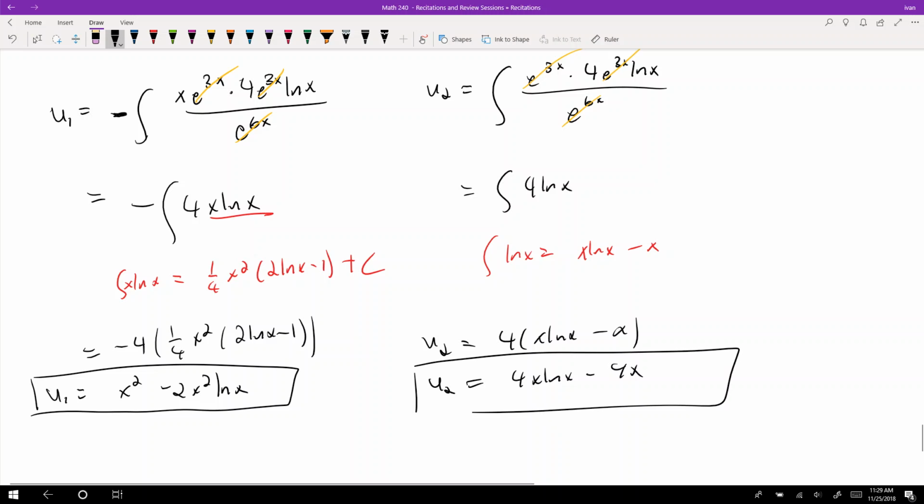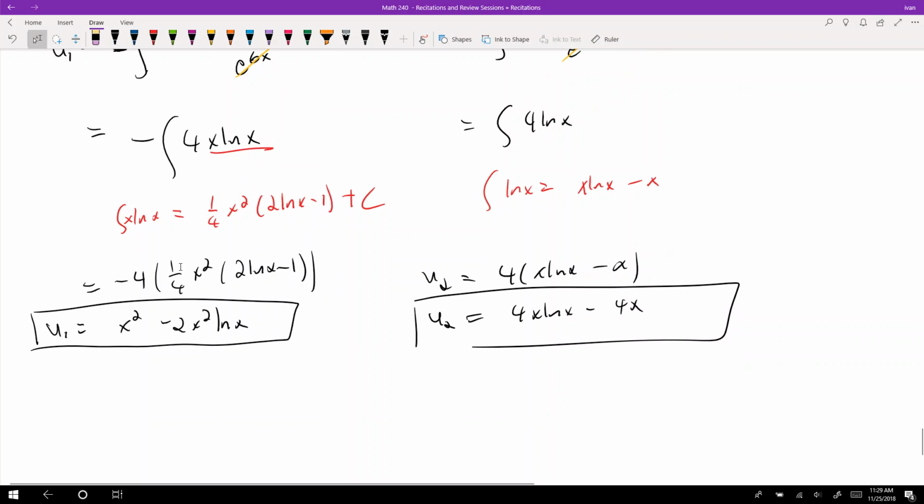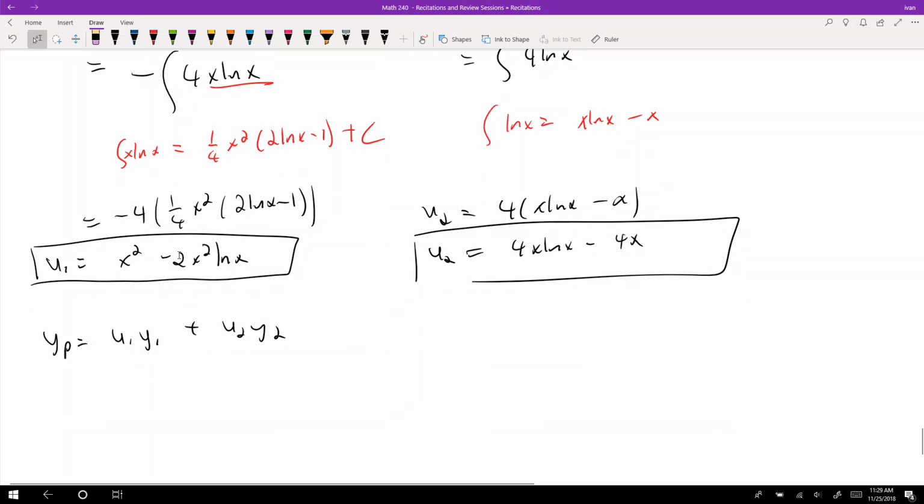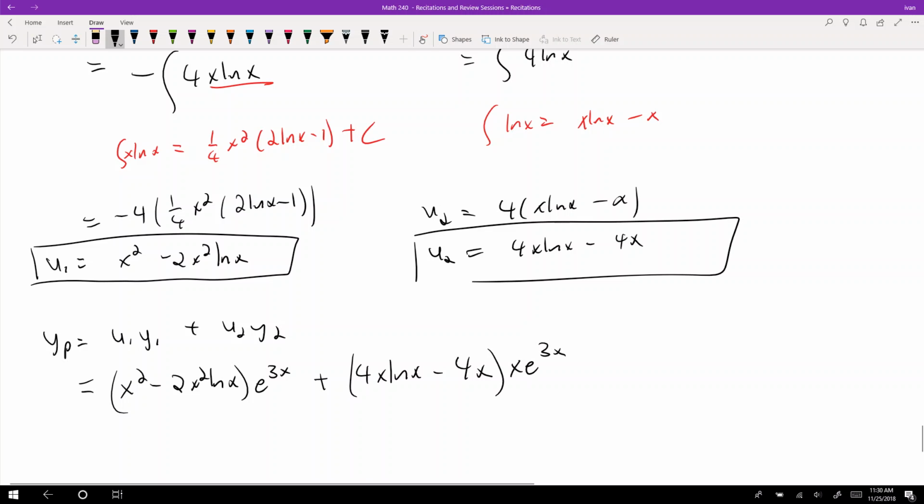All right. So that's u1 and u2. Now remember, yp is equal to u1 y1 plus u2 y2. So u1 y1, that's x squared minus 2x squared ln x times y1, e to the 3x, plus u2 y2, so 4x ln x minus 4x, and then y2 is x e to the 3x.